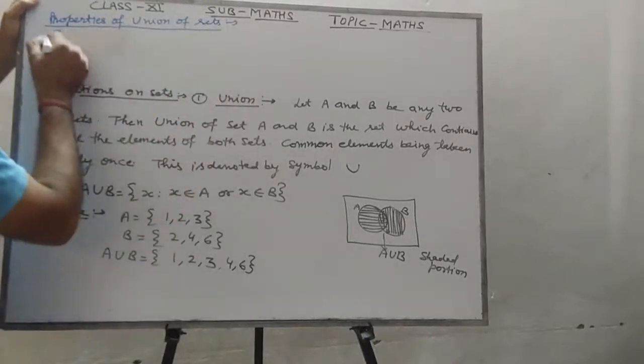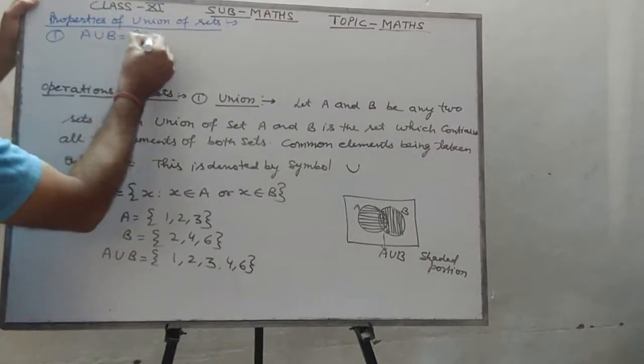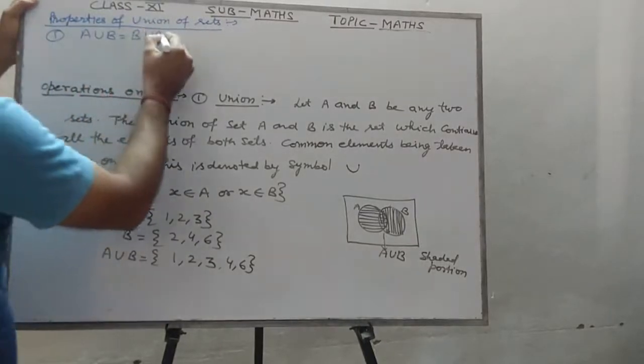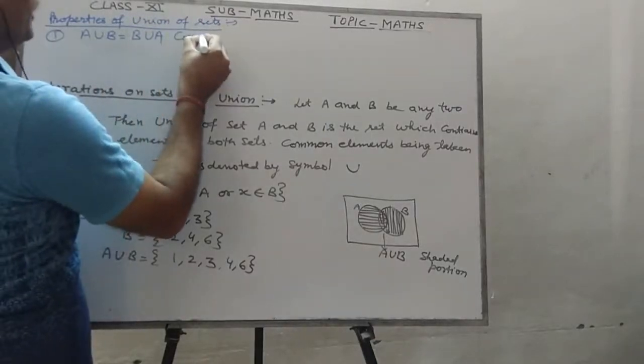First property: A union B equals B union A. It means union of sets holds the commutative property.